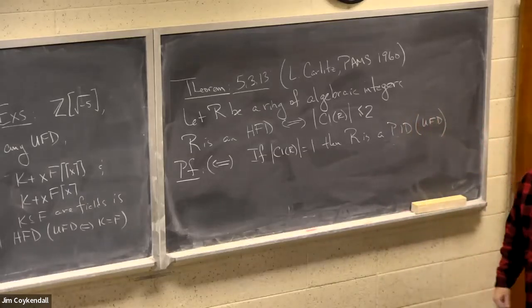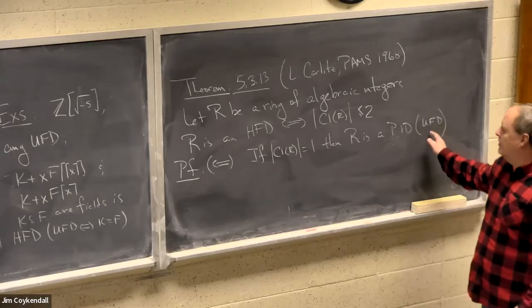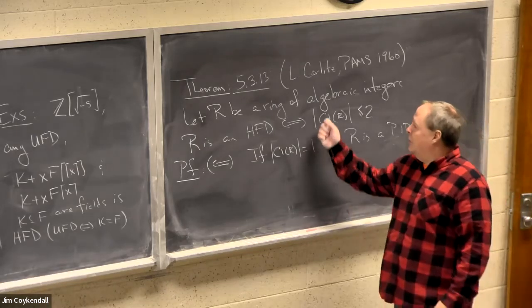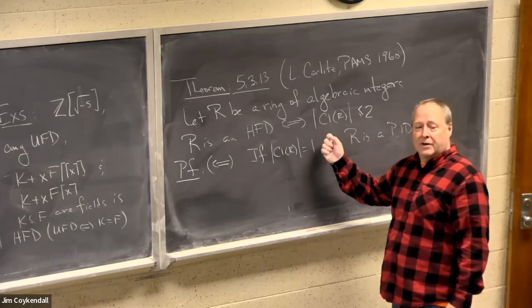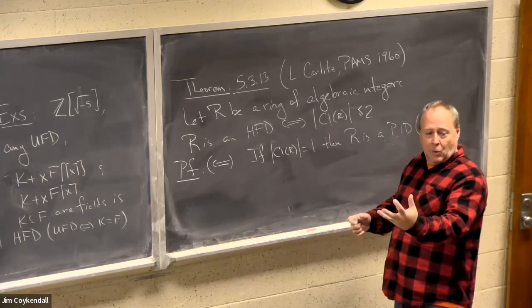If the class number is 1, that means that every invertible ideal is principal, but of course all the ideals are invertible, they're not 0. And so this actually shows Carlitz's theorem divides rings of algebraic integers up into 2 nice classes. Class number 1, UFD.